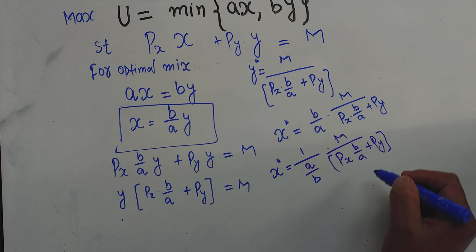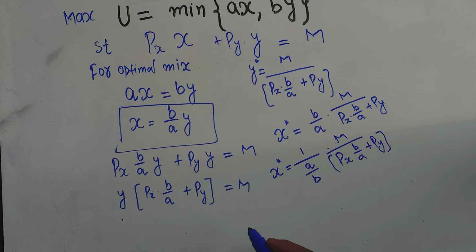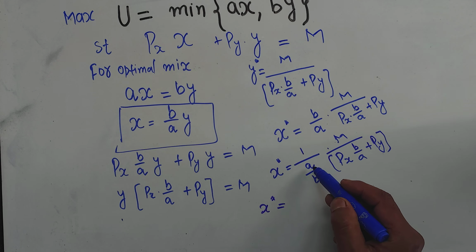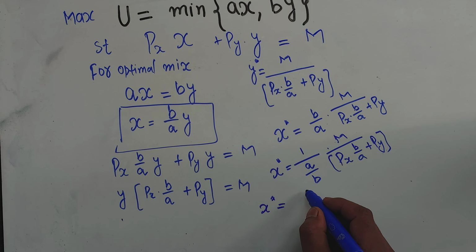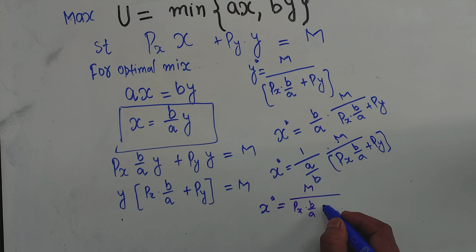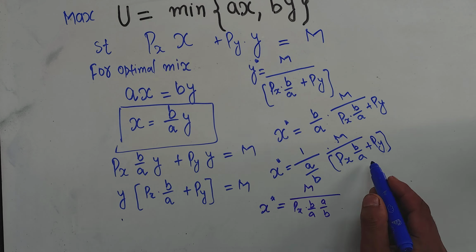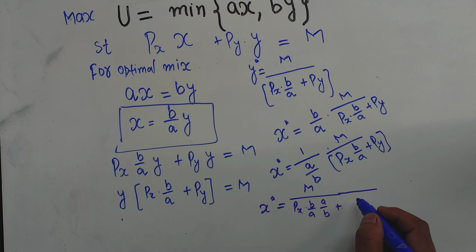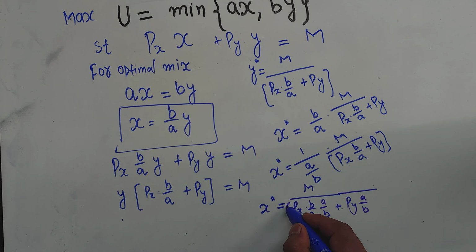We can again rewrite it. x star will be equal to, let's multiply a upon b to each of these terms, so we get m divided by (px times b upon a times a upon b plus py times a upon b).